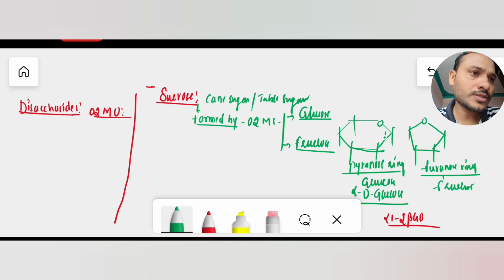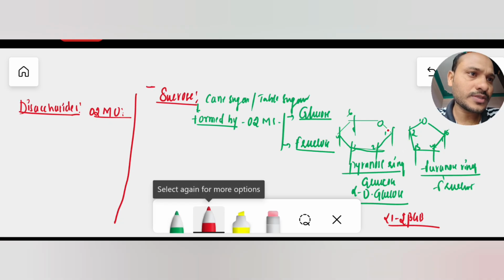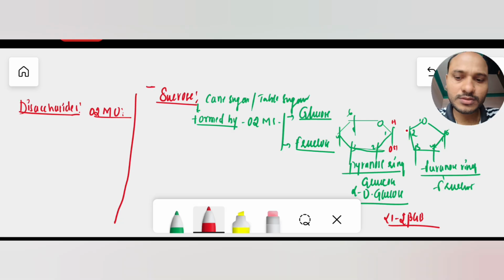In glucose we have the first carbon, second, third, fourth, 5 and 6 carbon. In fructose, here 1, here 2, the second carbon, third, 4, 5, 6. In between the first carbon of glucose and the second carbon of fructose, the bond will form. Here we have H, and opposite we have O and H on the second carbon.